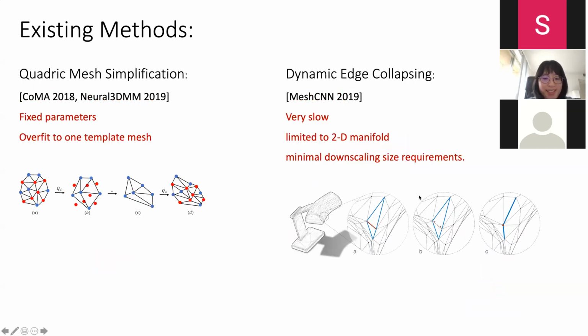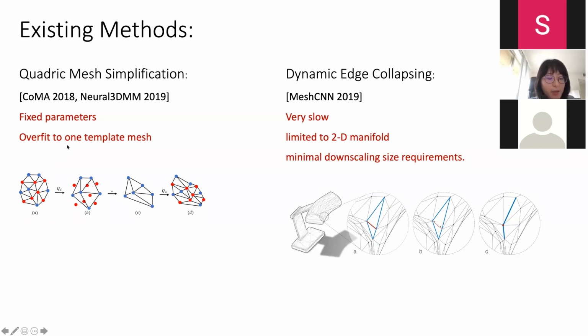And then, secondly, for designing a mesh autoencoder, it's not only about designing the convolution operation. It also involves designing the up and downsampling of the mesh. In order to up and downsample the mesh, in this kind of papers, they use a method called quadric mesh simplification.